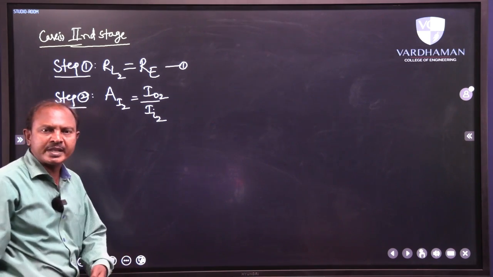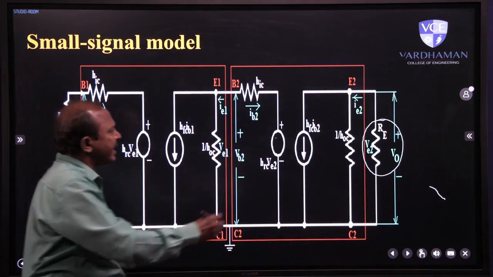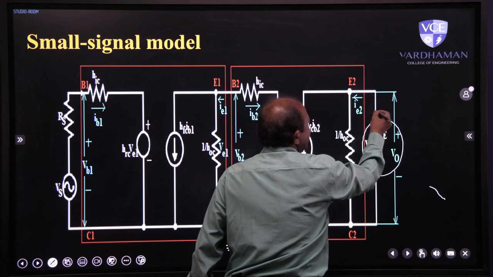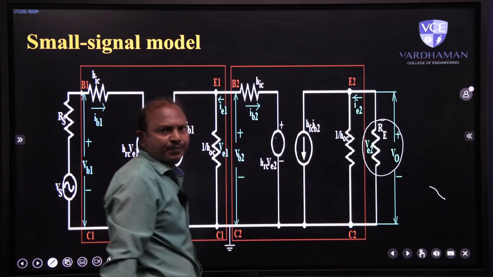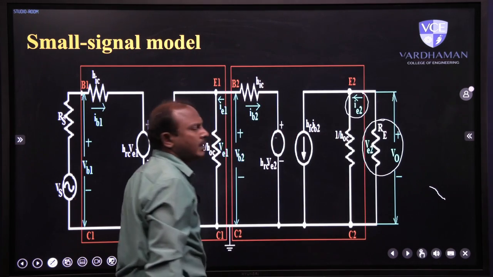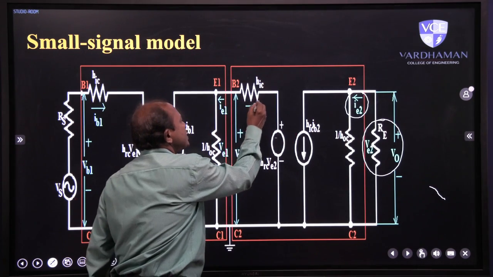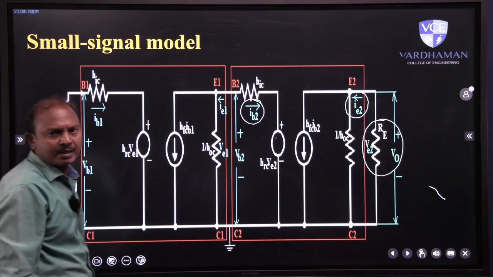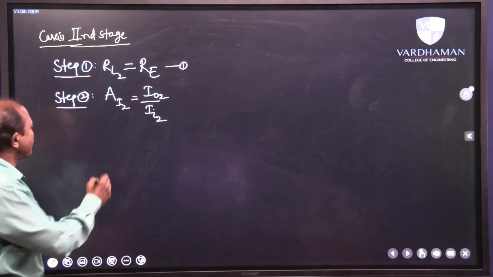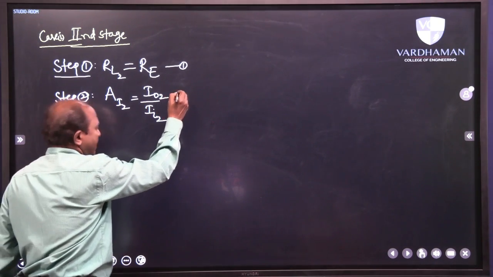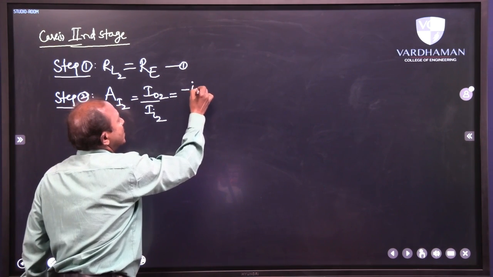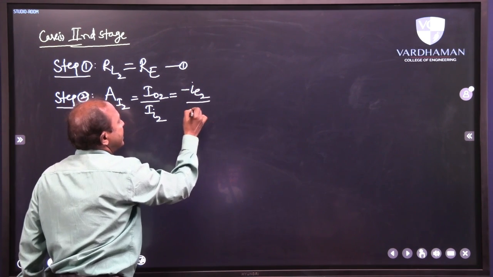Then if you go back to the circuit arrangement, what is I naught 2? I naught 2 means output current into the load, which is nothing but minus IE2. Minus IE2 is the output current and IB2 is the input current. So rewrite the equation like this: minus IE2 by IB2.